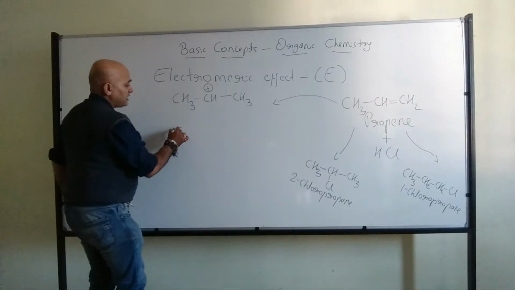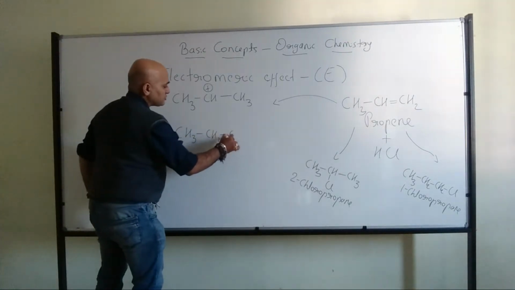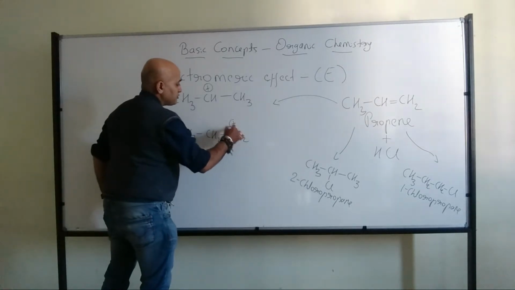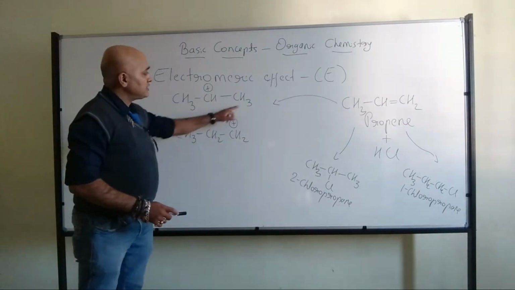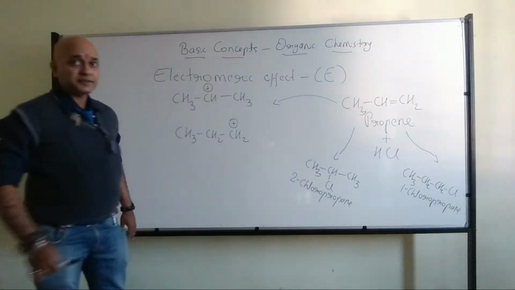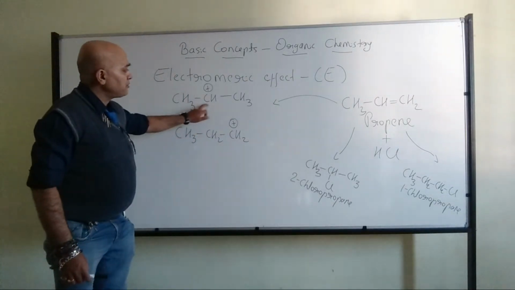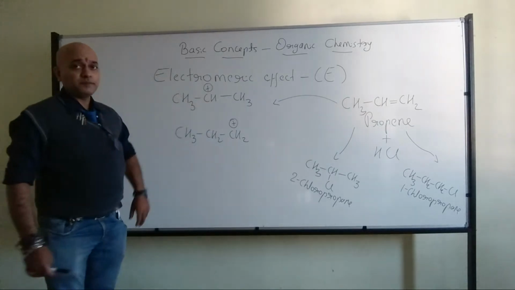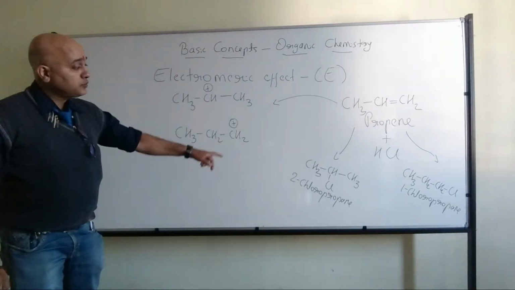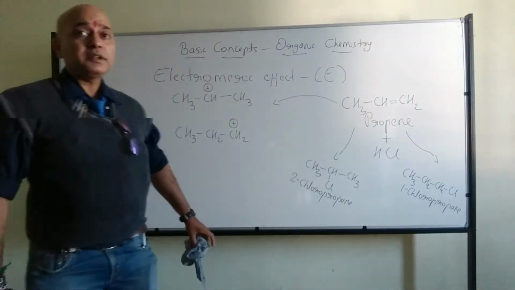Another carbocation can be CH3, CH2, CH2 positive, which will be formed during the reaction. Already I have added one hydrogen, that H plus. Now which is stable? The stable one is this carbocation.